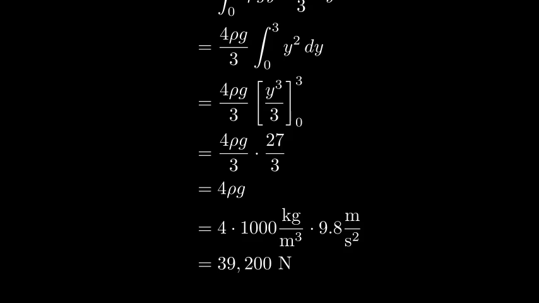That's 4 rho g divided by 3 times the integral from 0 to 3 of y squared dy. This equals 4 rho g divided by 3 times y cubed over 3 evaluated from 0 to 3, which gives us 4 rho g times 9 divided by 9, or 4 rho g newtons. With rho equals 1,000 kilograms per cubic meter and g equals 9.8 meters per second squared, the force is 39,200 newtons.